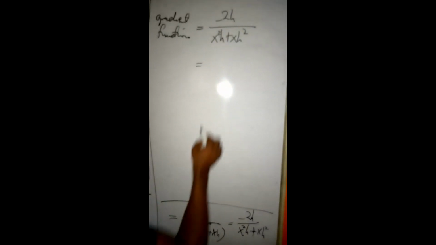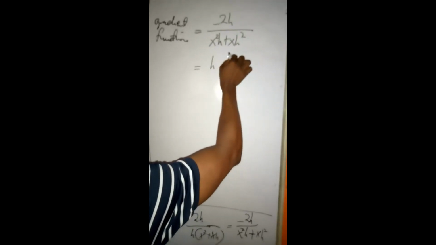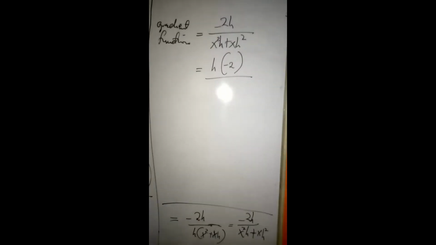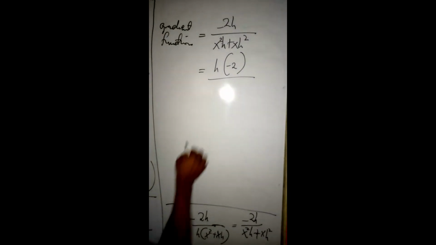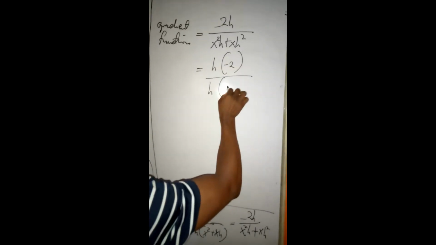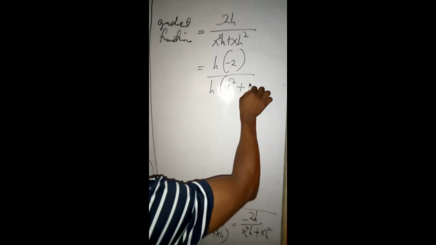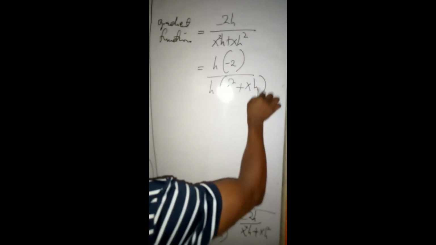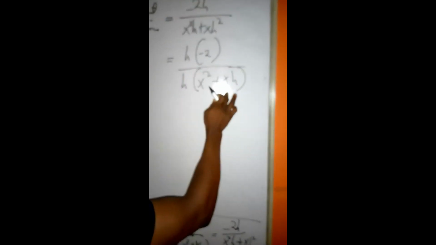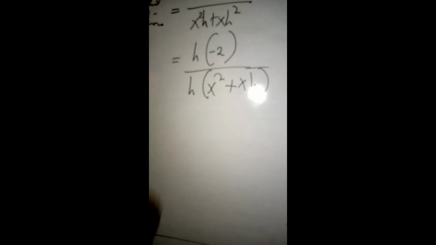So we can now say that h into minus 2, we want to factorize h out so that h can cancel. We now have h into what? x squared plus xh, because h times x squared, h times xh will give you xh squared.